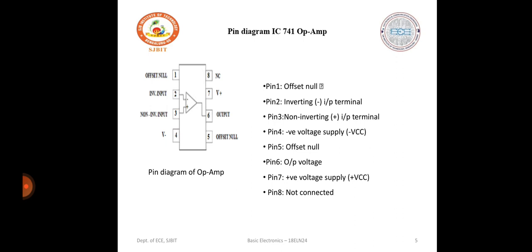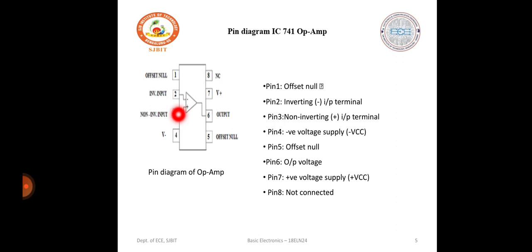Let us study the pin diagram. The IC MUA741 stands for op-amp, that is operational amplifier. This is an 8-pin IC where the first pin stands for offset null and the second pin stands for the inverting input terminal.